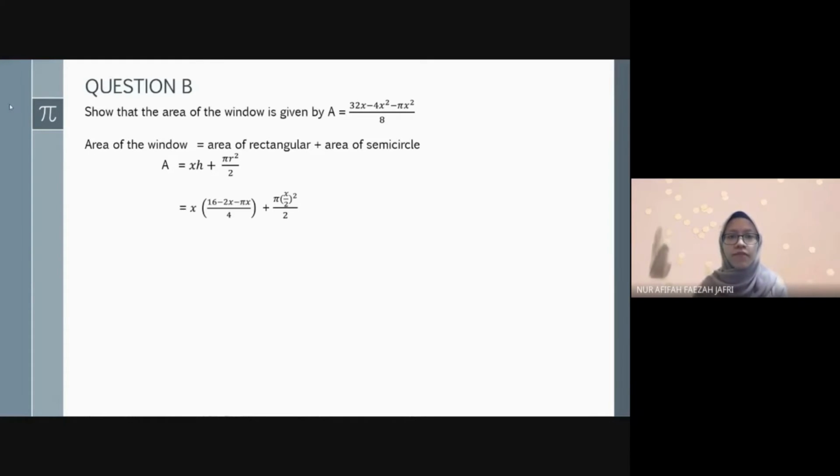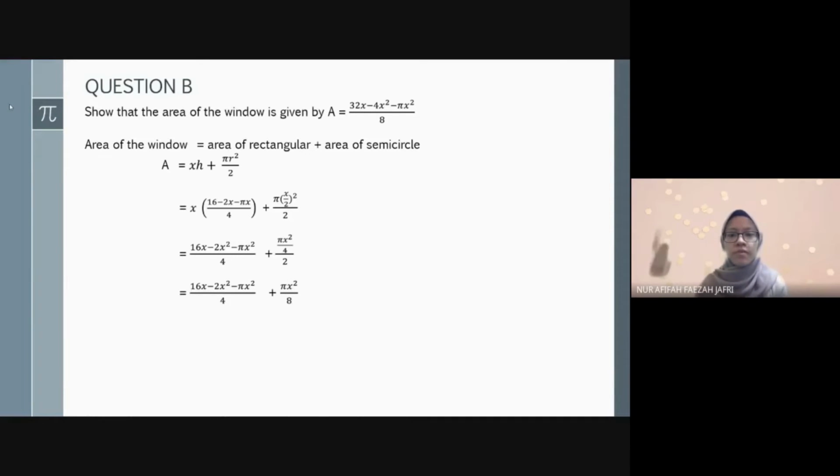After that, we have to expand until we get like this. As we can see, the denominator for both sides is not the same, so what we can do is multiply the numerator and the denominator at the left side with 2.